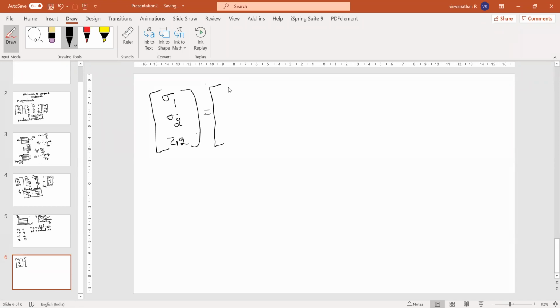Okay. I have a relation here. I'll write it completely. C square, S square, 2SC. I'll tell you what it is. Don't worry. S square, C square, minus 2SC, minus SC, plus SC, C square minus S square.